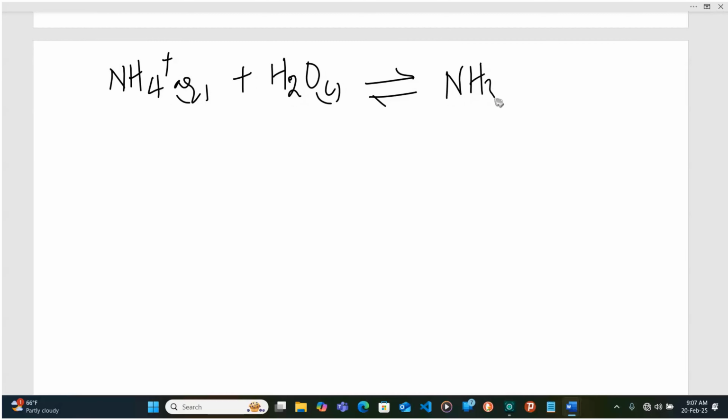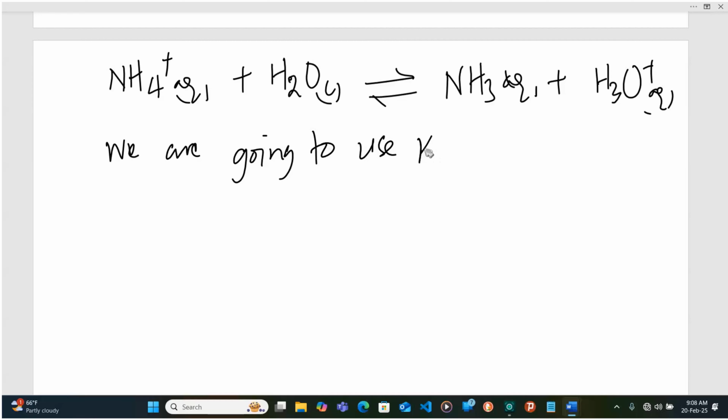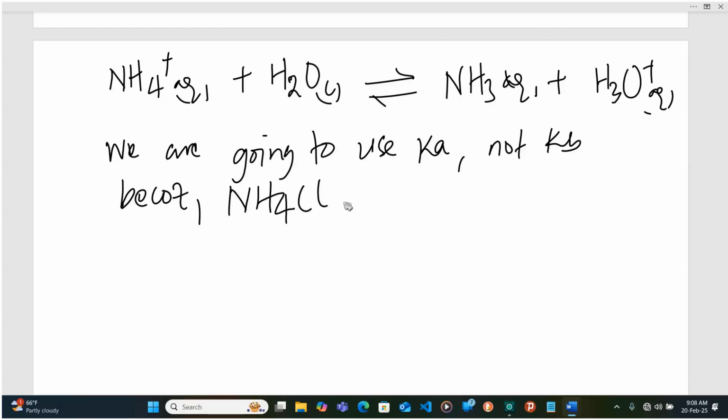We can write down the equation for the reaction of ammonium ions and water, forming ammonia solution and hydronium ions. So here we are going to use Ka, not Kb, because ammonium chloride solution is acidic. Of course, we are talking about a weak acid.